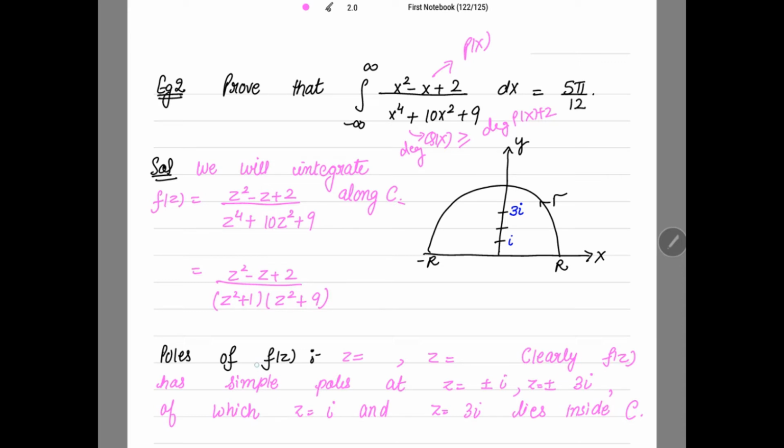Now to find the poles, from here I get the poles as plus minus iota, and from here I get the poles as plus minus 3 iota, and these poles are of order 1, so these are simple poles, right? So clearly f(z) has simple poles at z equal to plus minus iota and z equal to plus minus 3 iota, of which z equal to iota and 3 iota lie inside the contour, right? So now we have to calculate the residues for both these poles and sum up the residues.